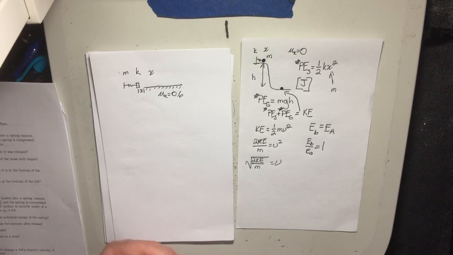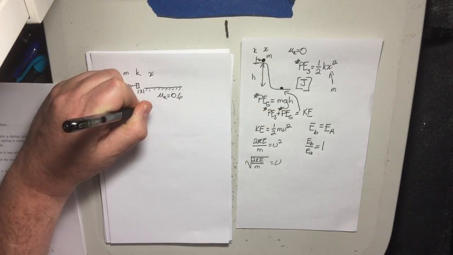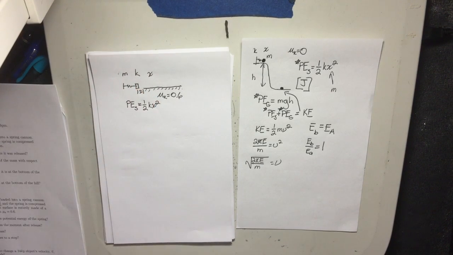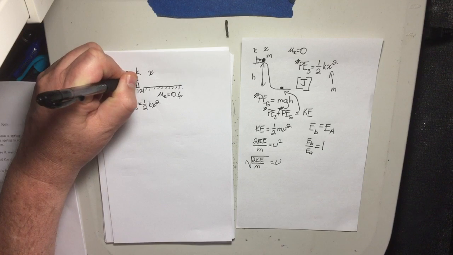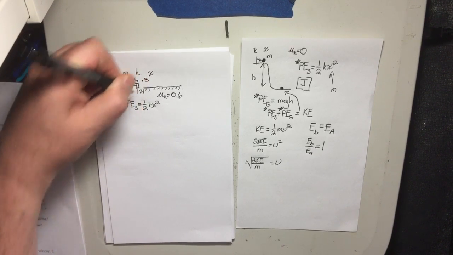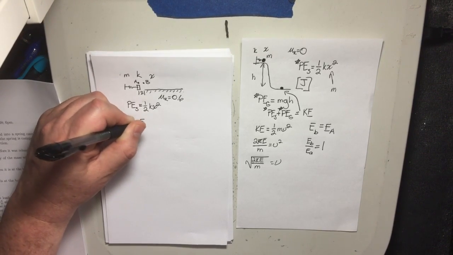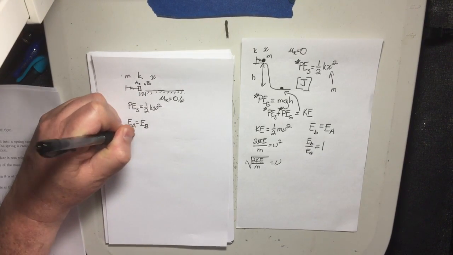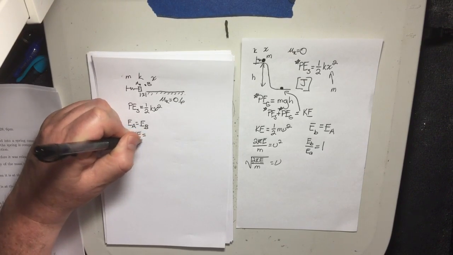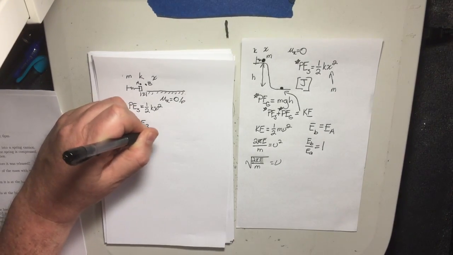Before the mass is released, what is the potential energy of the spring? Well, once again, potential energy of the spring is 1/2 kx squared. What is the kinetic energy of the mass the moment after the release? If we consider that as point A and that as point B, then the energy at A is equal to the energy at B. At B, it's fully released, it's entirely kinetic, so the kinetic energy at point B is the same as the potential energy of the spring.